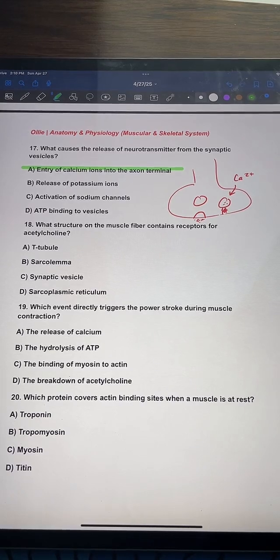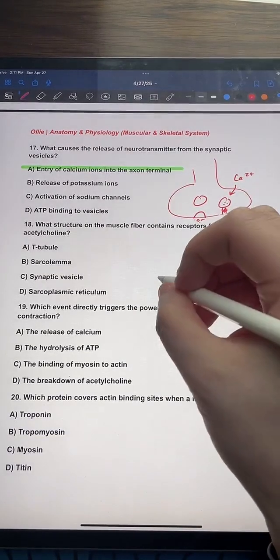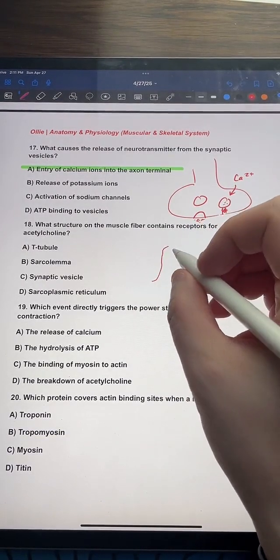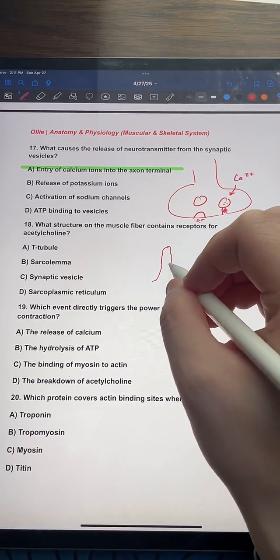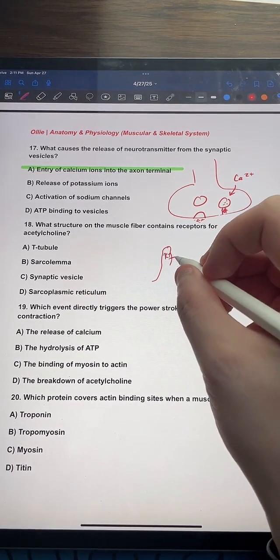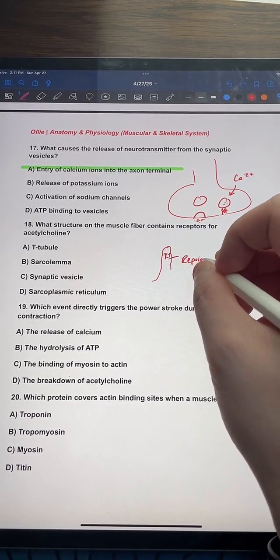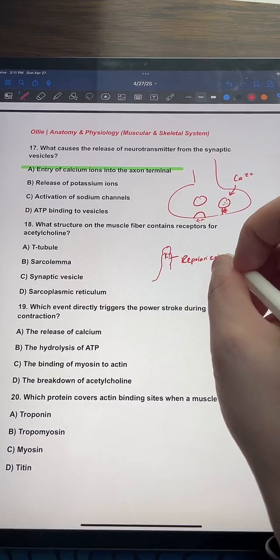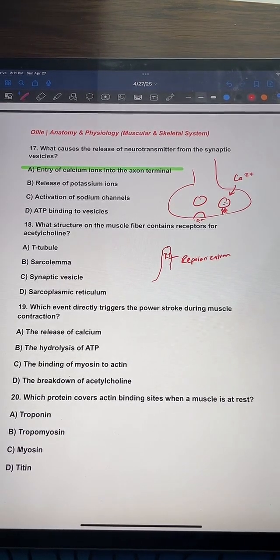The release of potassium, it's called repolarization. So we generate an action potential with sodium, and then we have to get the action potential back down. So we have a rush of potassium out. We have to get our action potential back down to a resting state before we can generate another one. That is the responsibility of potassium.